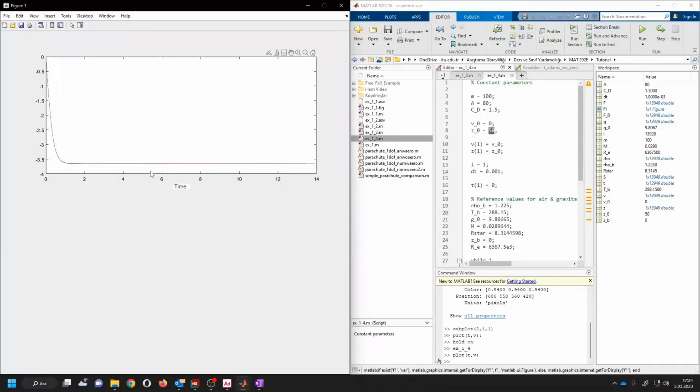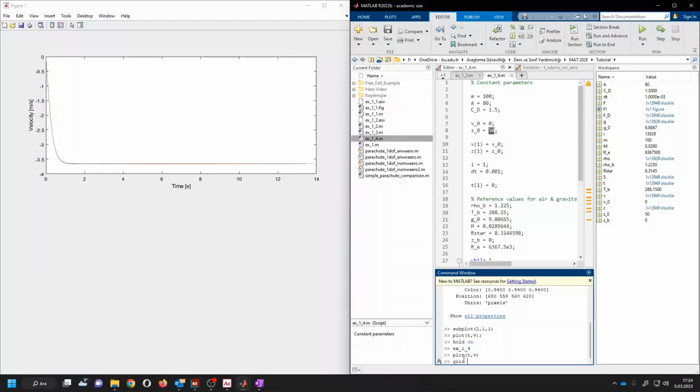Time in seconds, velocity in meter per second. Let's open up the grid.